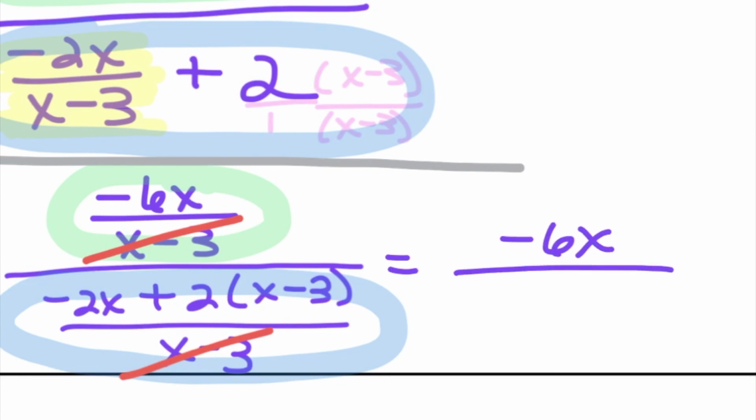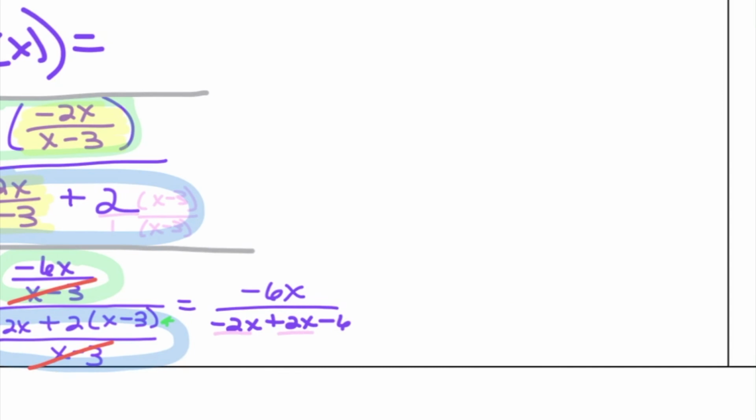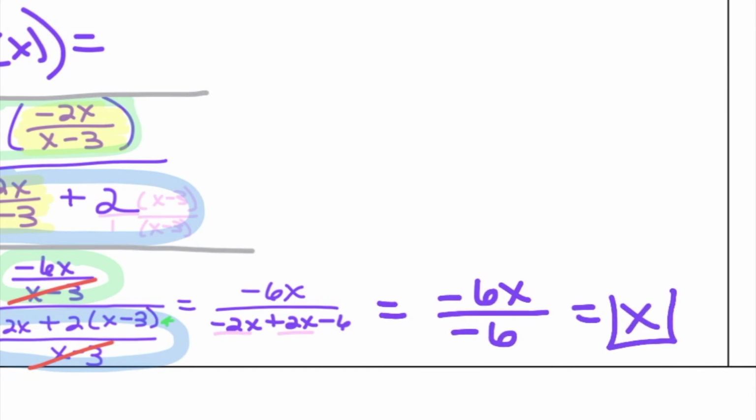Now I'm going to simplify this row right here, the negative 2x plus 2 times the parentheses. So I get negative 2x plus, and then 2 times x minus 6. And now I have minus 2x and plus 2x, so that whole thing cancels. And I get negative 6x over negative 6, and the negative 6's cancel, and that whole thing equals x.